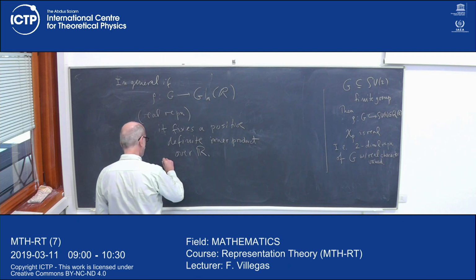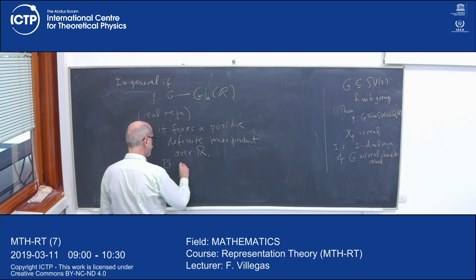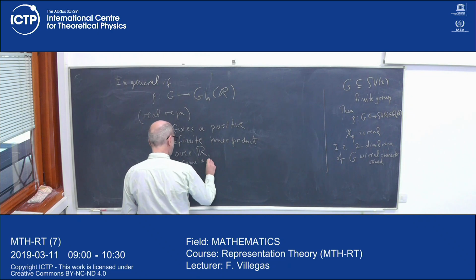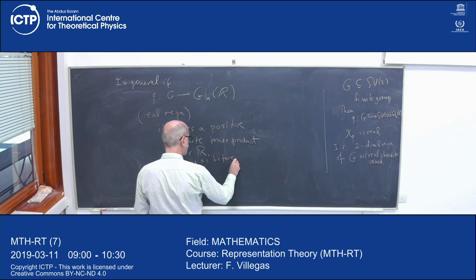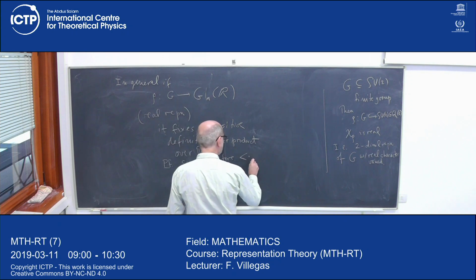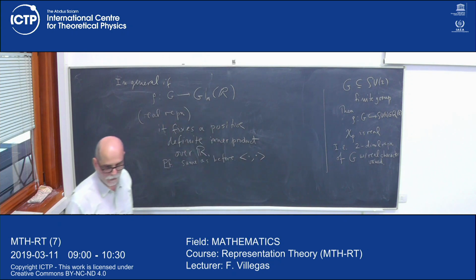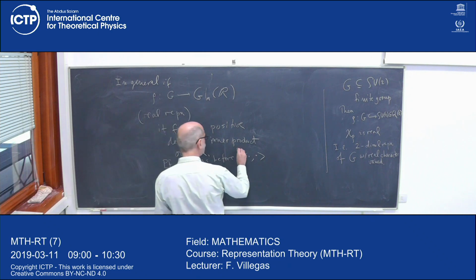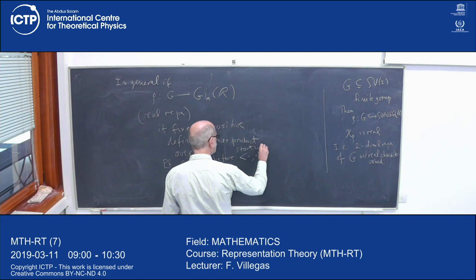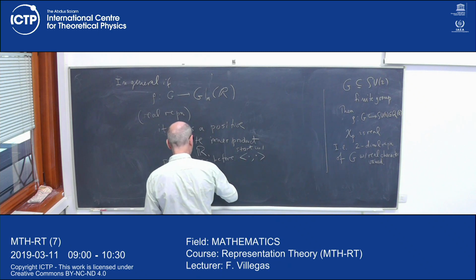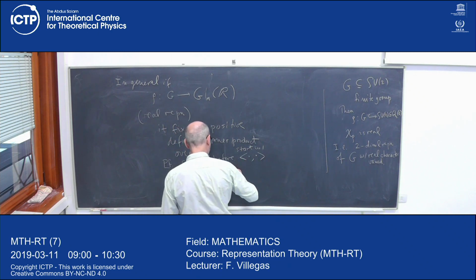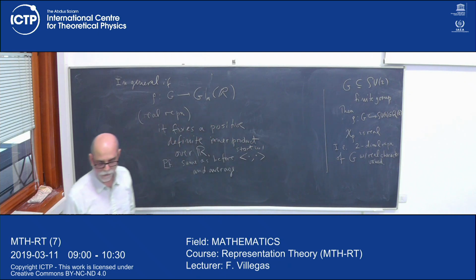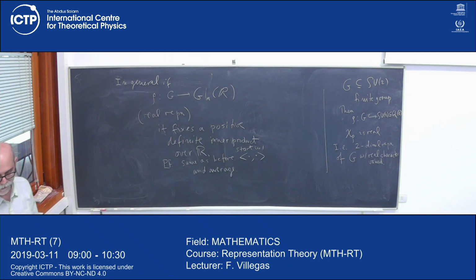Okay, the proof of this is the same as before. In other words, you start with any old inner product that you like on your vector space over R, and then you average. The sum of the translates of this inner product will also be positive definite, and the total average will be fixed by the group.